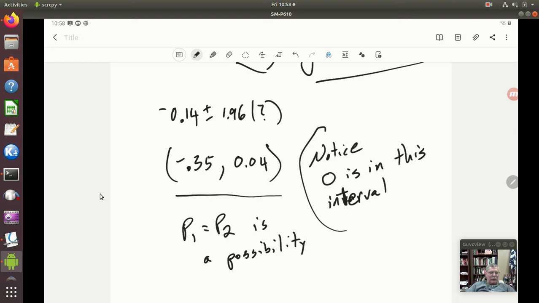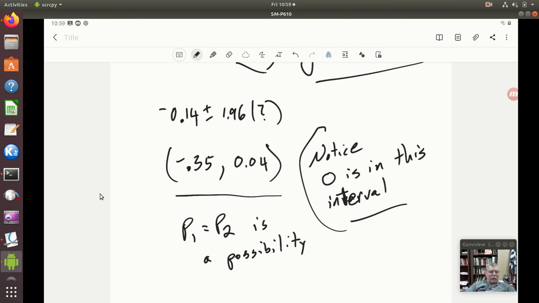Okay, it means that it is a possibility, and I would like to know that. And if 0 is not in that interval, then the confidence interval is saying that, yeah, probably these two proportions were different. We always say probably because it's all based on random stuff.